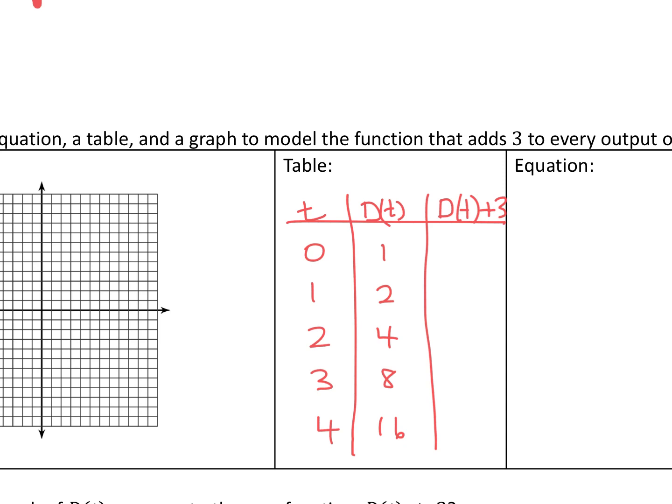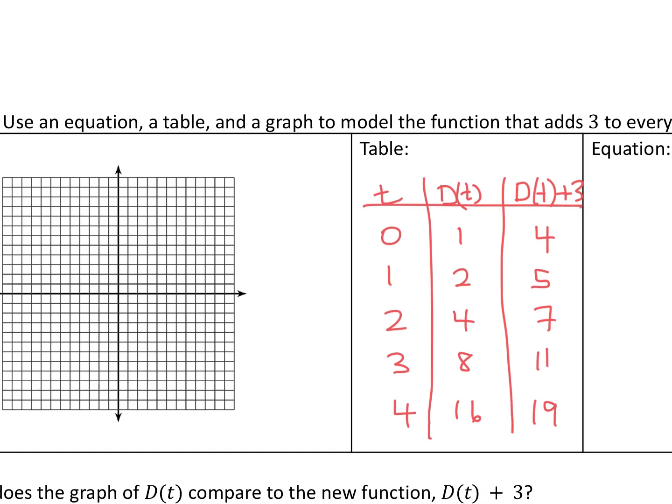So 1 plus 3 is going to be 4. 2 plus 3 is 5. Okay. 4 plus 3 is 7. 8 plus 3 is 11. And then 16 plus 3 is 19.